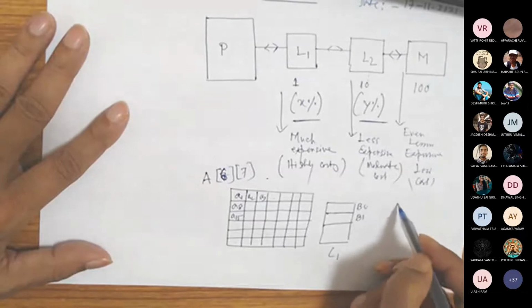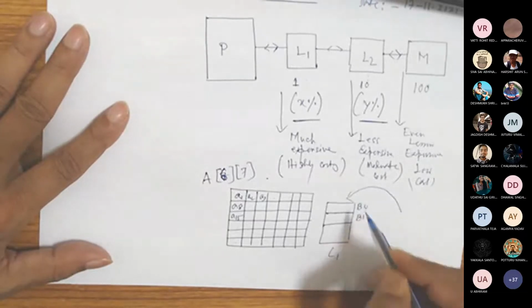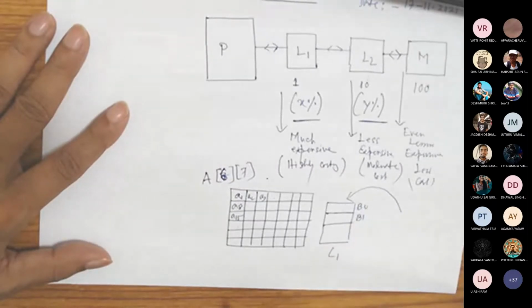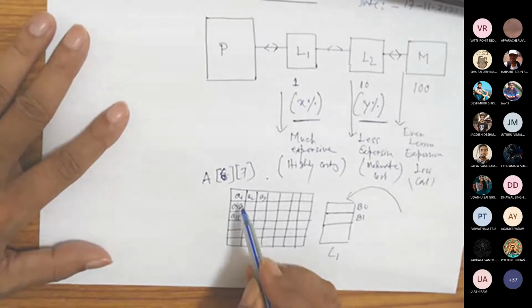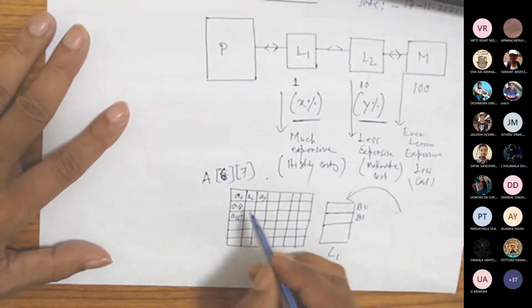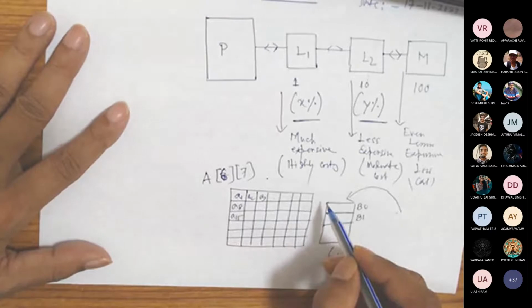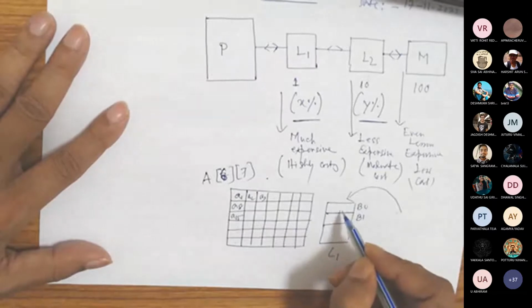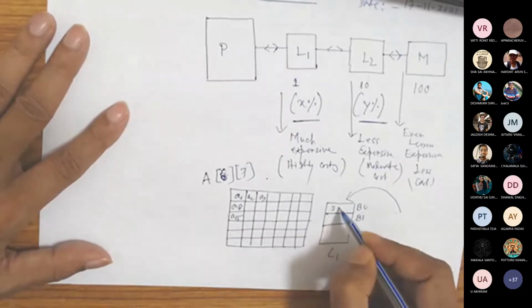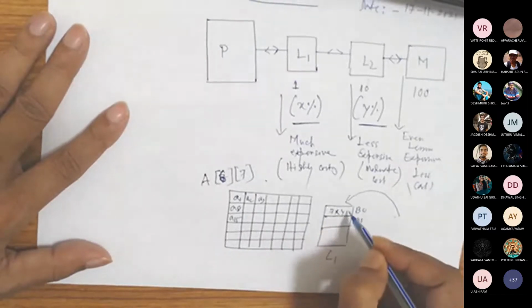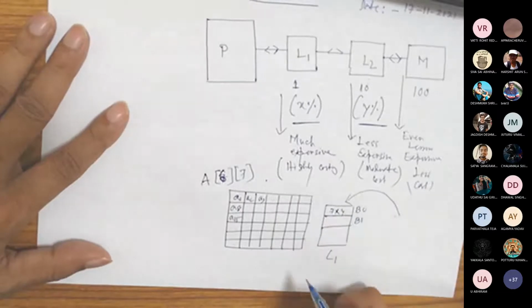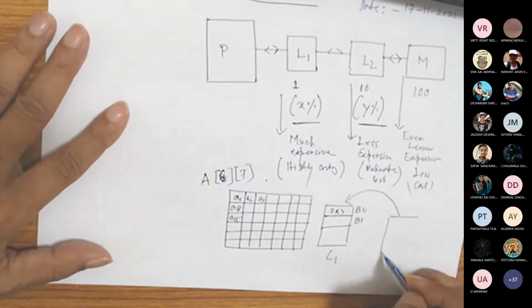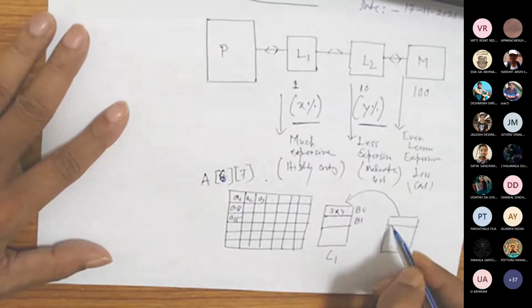Now, if your arrangement of data in memory is in row order, you will bring that row. Let's assume that this is 7 into 4. The size is 7 into 4, so it can store 7 integers here. You bring that during the first miss.